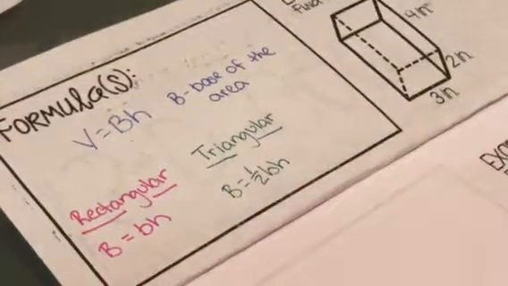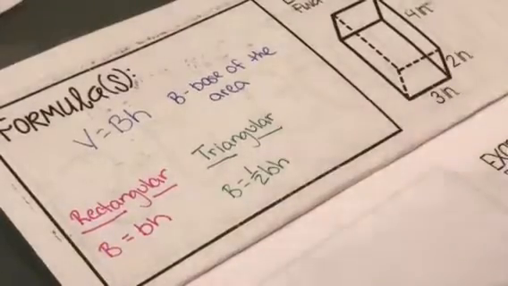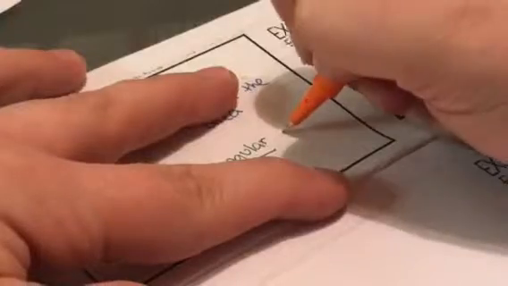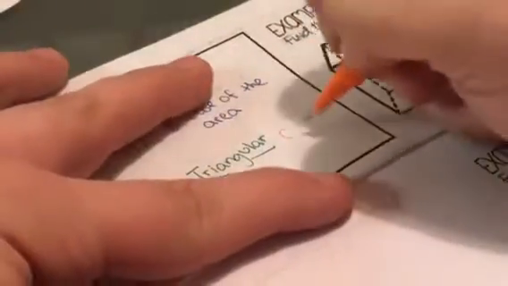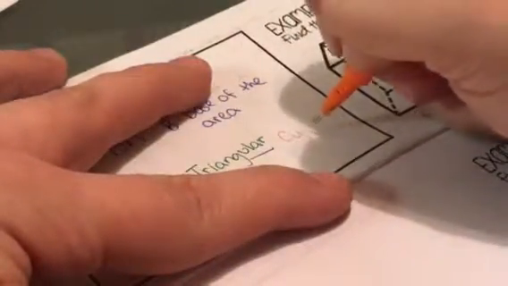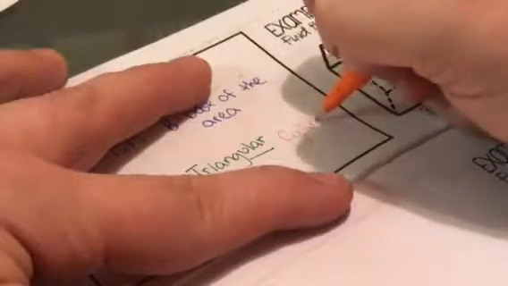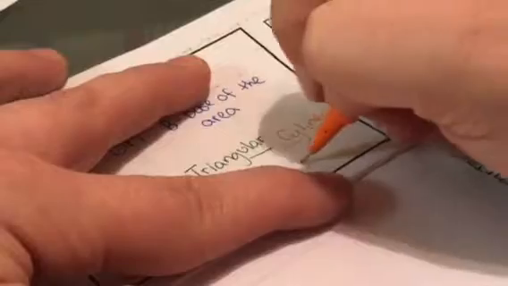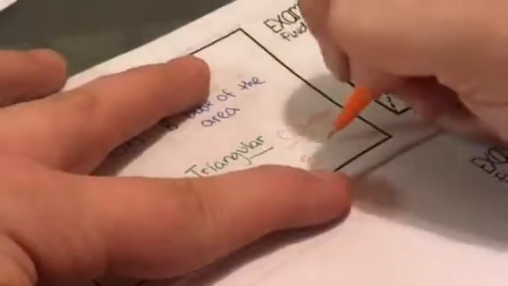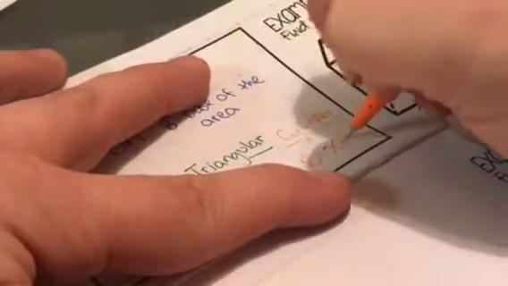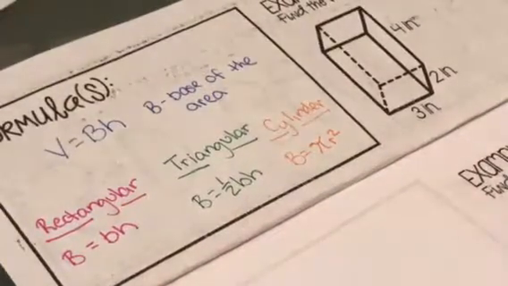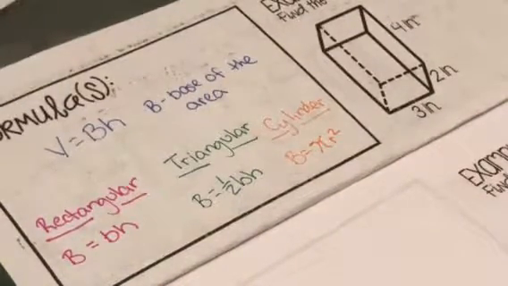And then the last one, at least when it comes to this page, is the cylinder. In order to find the area of the circle, it's going to be pi r squared. Okay, so these are the three that we're actually going to go over.